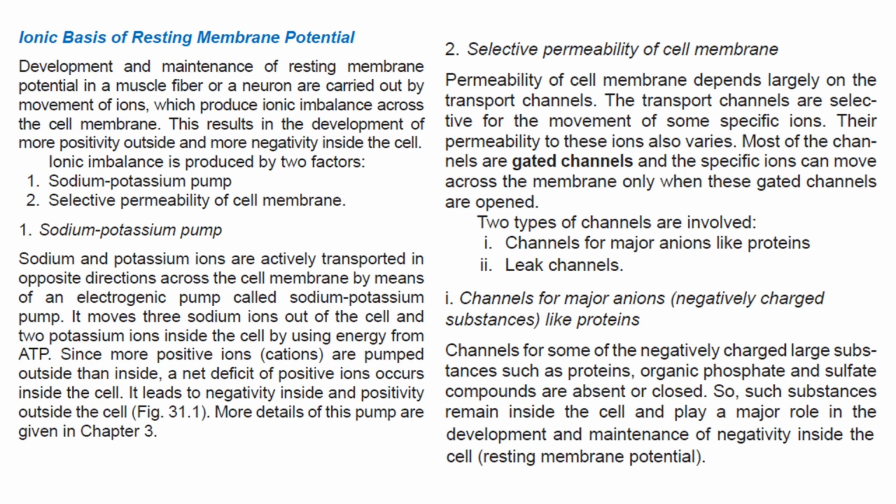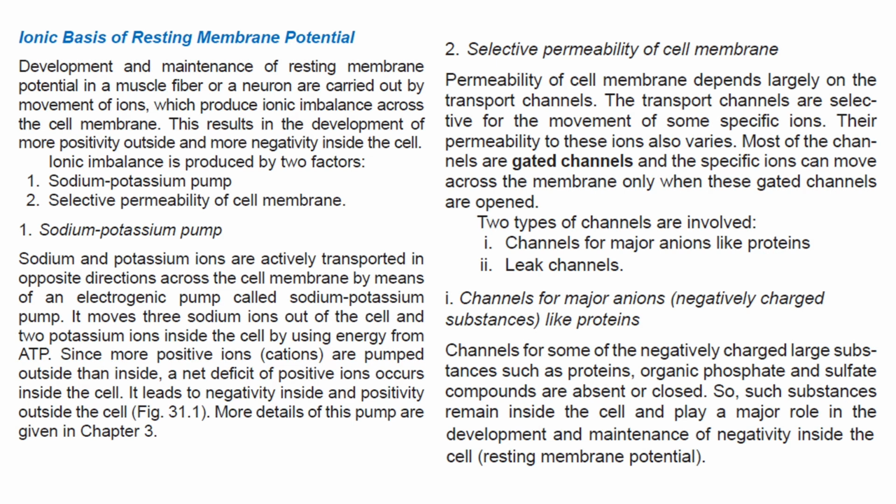The ionic imbalance responsible for the resting membrane potential is maintained by two key mechanisms. Number one is the sodium-potassium pump and number two is selective permeability of the cell membrane. Let's discuss the sodium-potassium pump first. The sodium-potassium pump actively transports ions in opposite directions across the cell membrane. Specifically, it moves 3 sodium ions outside of the cell and brings 2 potassium ions into the cell.